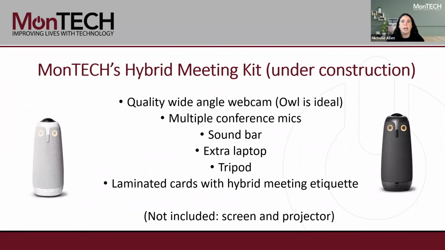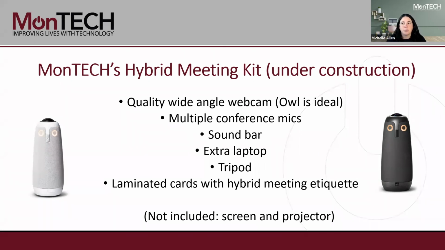MonTECH is working on a hybrid meeting kit. This would include some of the things in this list. This picture is of the Owl. It's really cool. It seems animated, but every time it hears a voice, it turns towards that voice. So not only is the camera picking up the person that is talking, but the sound is directed towards that person.